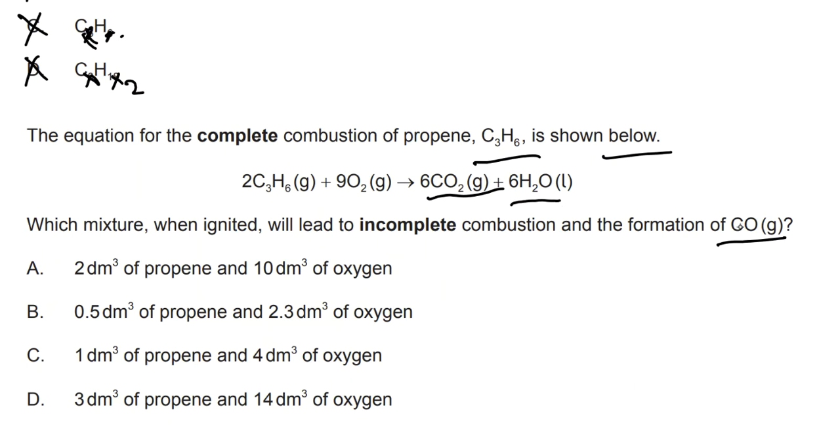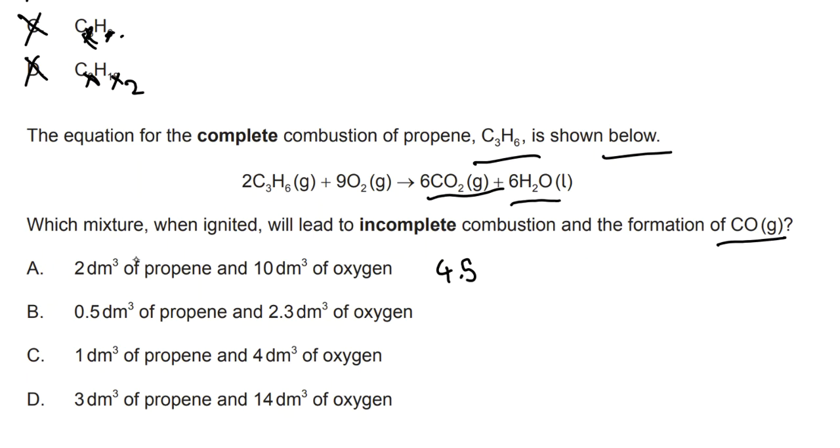Notice how carbon monoxide has only one oxygen and carbon dioxide has two. So CO is formed when there's insufficient oxygen. So here we can see that for every 2 moles of propene, we need 9 moles of oxygen gas. So we need 4.5 times as much.